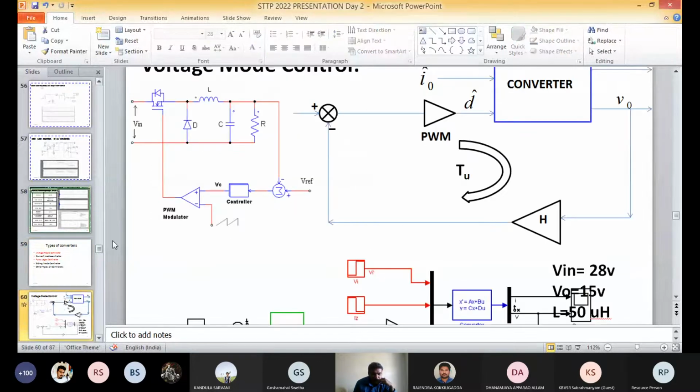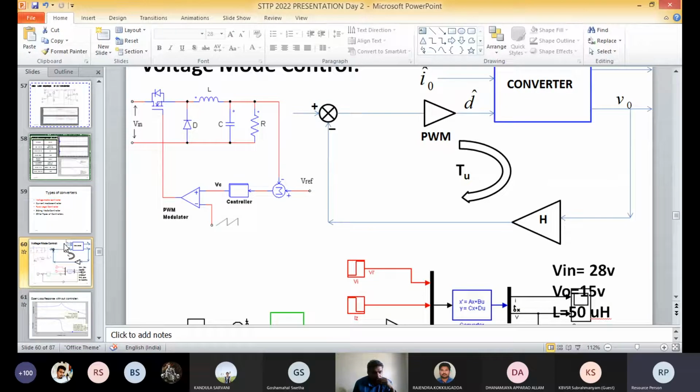Okay, so here to design a controller, okay, what is the necessity of the controller? We already know that one. Rajendra sir, is my screen visible? Yes, sir.